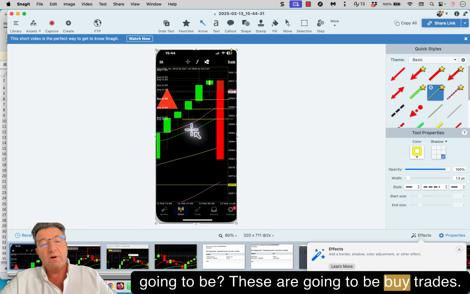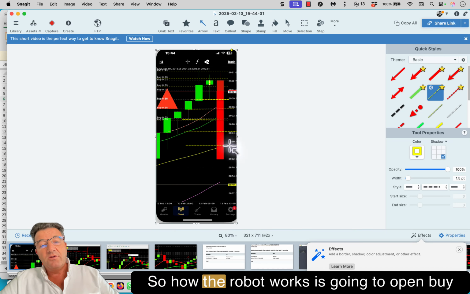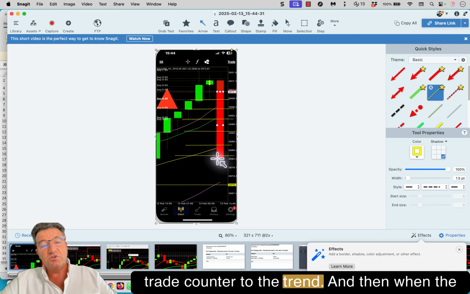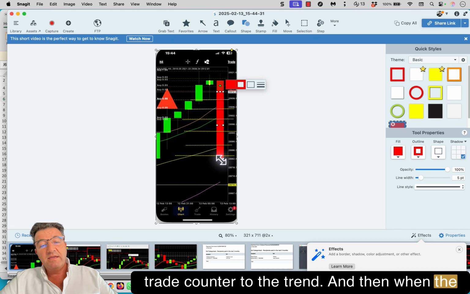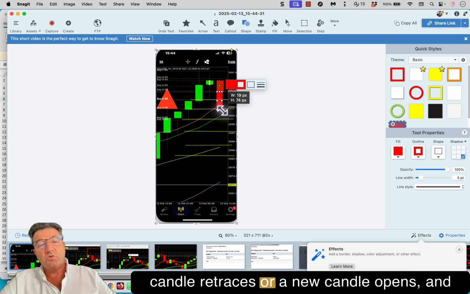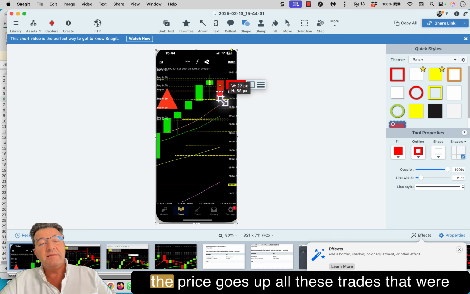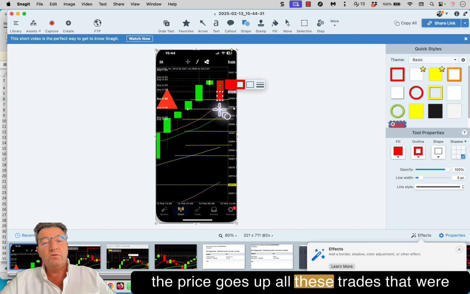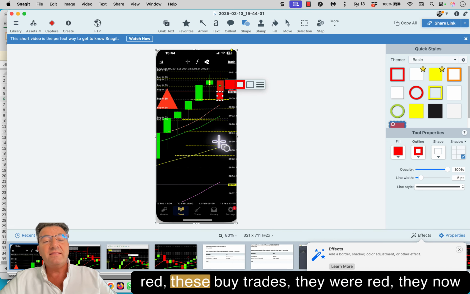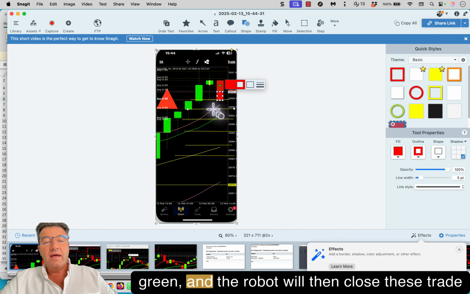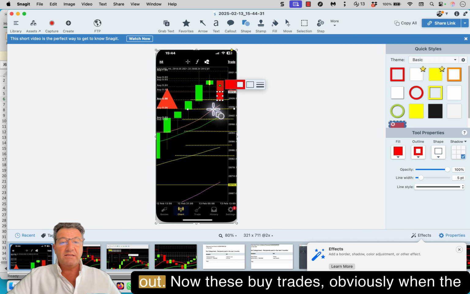These are going to be buy trades. So how the robot works is it's going to open buy trades counter to the trend, and then when the candle retraces or a new candle opens and the price goes up, all these buy trades that were red are now green, and the robot will then close these trades out.